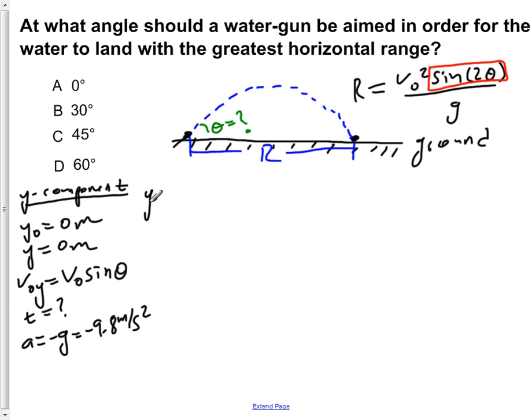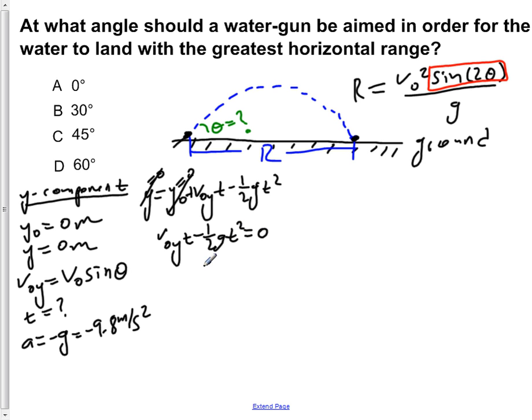Now if we use our equation, y equals y naught plus v naught y t minus 1/2 g t squared, to solve for time, we can cancel out y naught because it's 0, and we can also cancel out y because it's 0. Now we have v naught y t minus 1/2 g t squared is equal to 0.